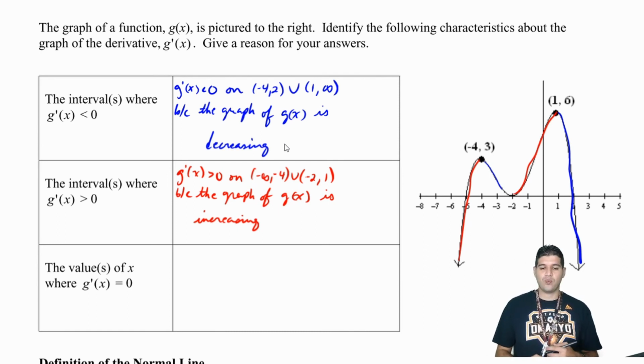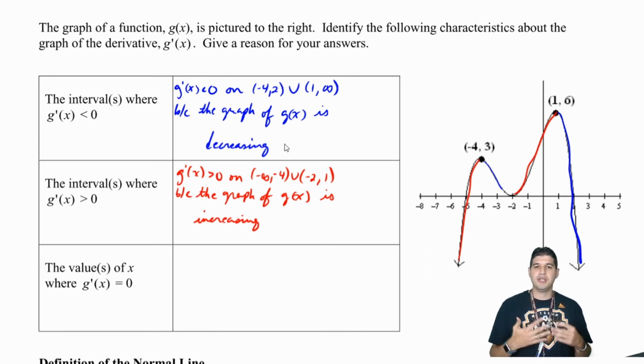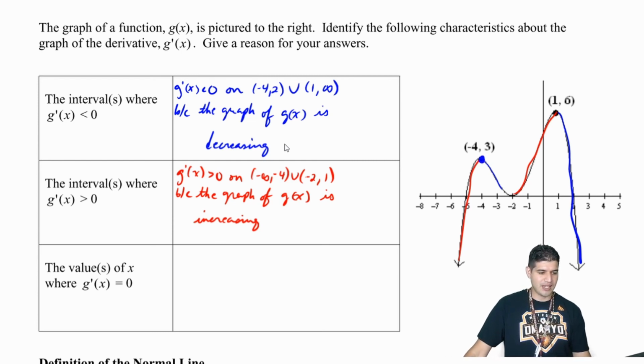Now I want to figure out where the values of g prime of x are 0. Those are where we had relative extrema, maximums and minimums. So where do I have maximums and minimums? Well, I've got one here at -4, I've got one here at -2, and I've got one up here at 1.